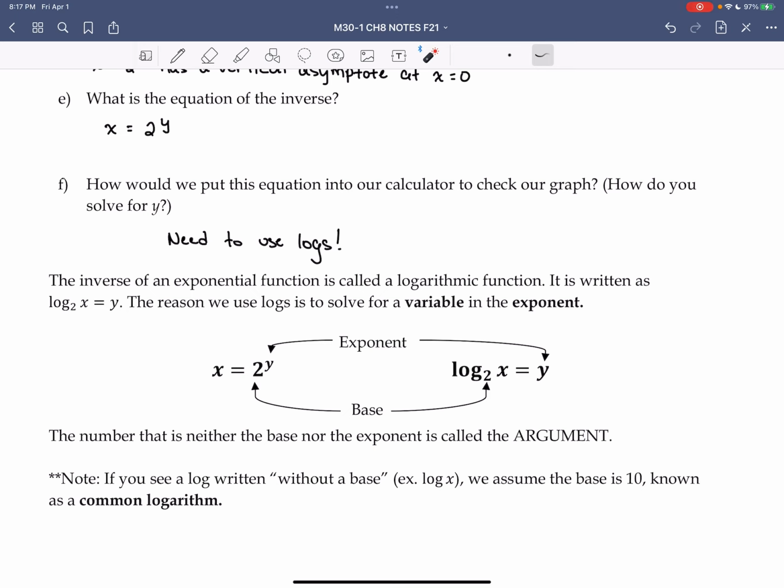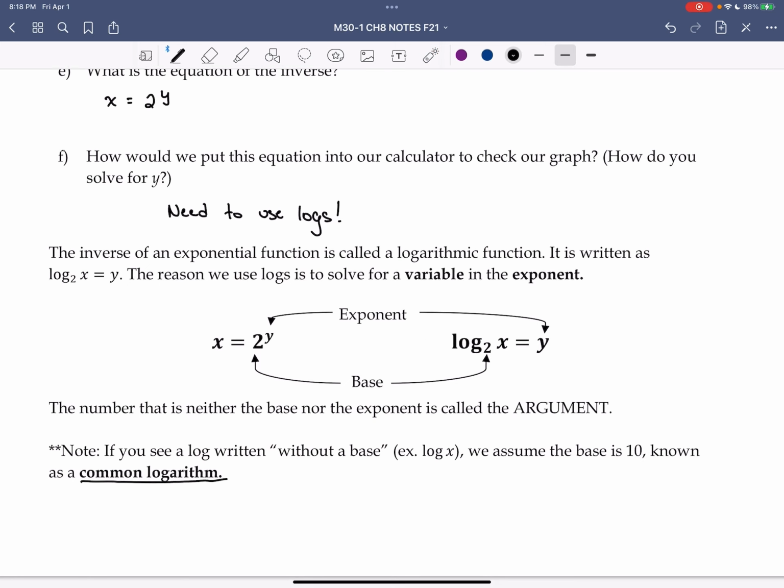Again, the number that is neither the base nor the exponent is called the argument. So this is the argument here. This is the argument in log form. Note, if you see a log written without a base, so this number here is not written, we assume the base is 10, which is known as the common logarithm. So just like with a root without an index number implies square root, a log without a base number implies base 10.